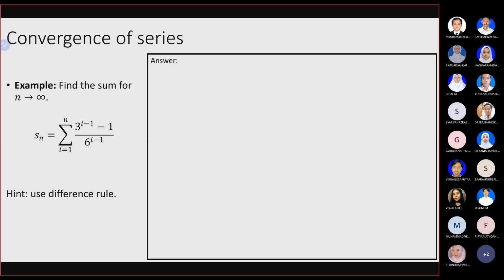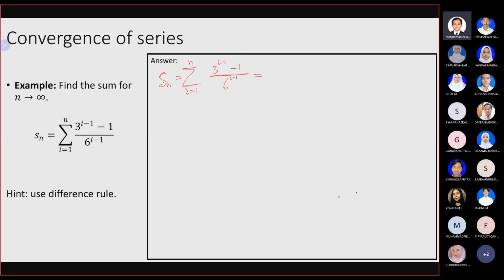Okay. Now find the sum for n goes to infinity. So Sn is equal to sum of I from 1 to n of 3 power I minus 1 over 6 power I minus 1.